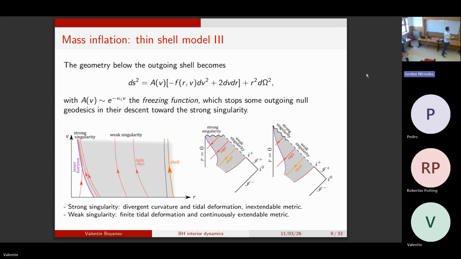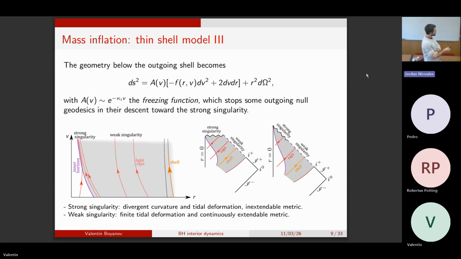And the metric, if written in the Finkelstein coordinates of the exterior region, acquires this form in the interior, in the mass inflation region, where this factor A comes from the change of coordinates between the exterior and the interior regions. And it has this decaying exponential form.